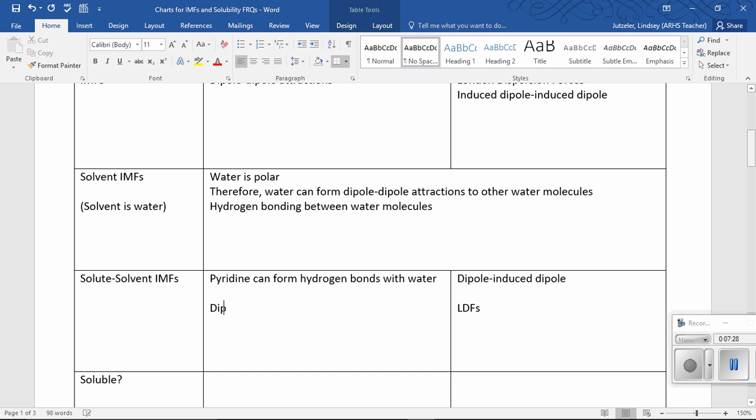They can form dipole attractions, and they can also have just LDFs. Everything has LDFs. Your primary intermolecular force that's going to cause the interaction between pyridine and water is going to be hydrogen bonding or dipole-dipole attractions, okay?